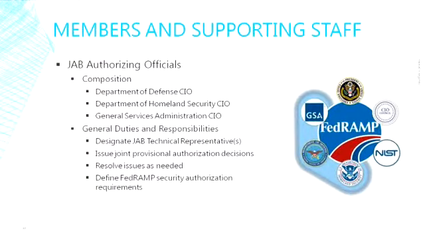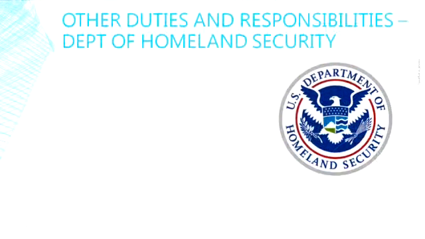Their general duties and responsibilities include the designation of JAB technical representatives, the issuance of joint provisional authorization decisions, the resolution of any issues as needed, and the definition of FedRAMP security authorization requirements.